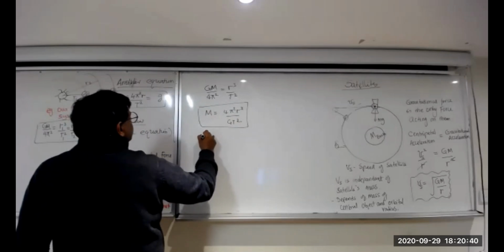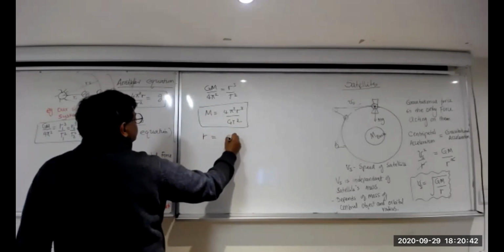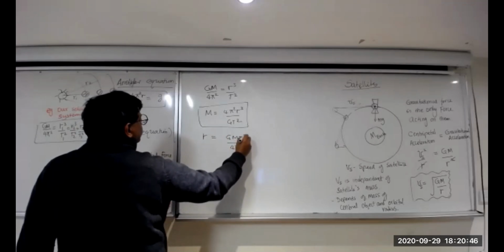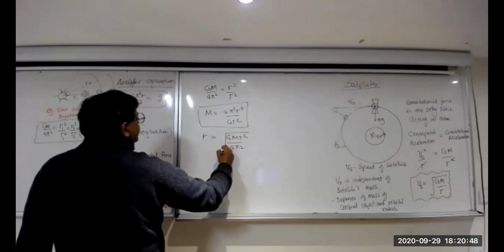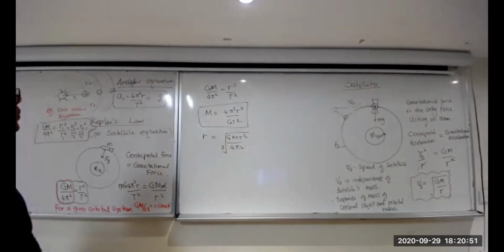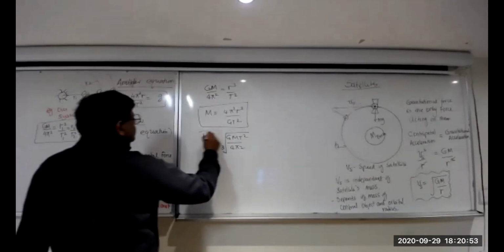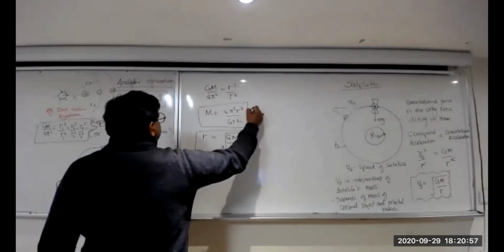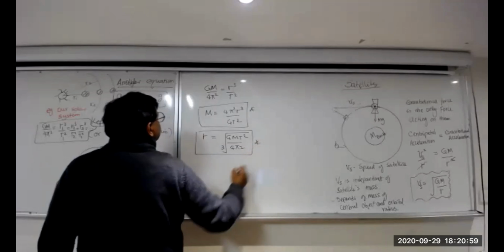And then R, 4 pi squared, GMT squared on 4 pi squared. That's another one. So you have to put this one in your cheat sheet because VCAA doesn't care. As long as you write this equation, you get 1 mark.